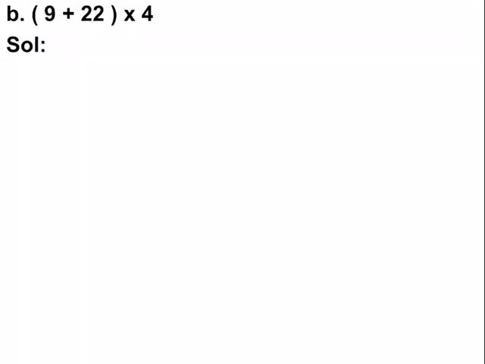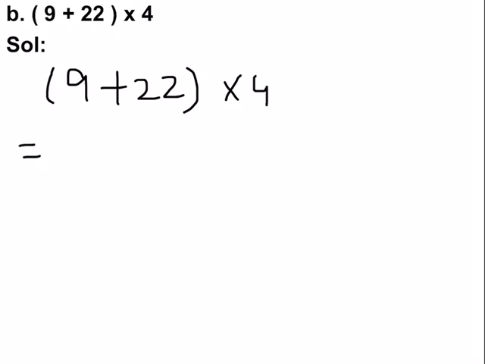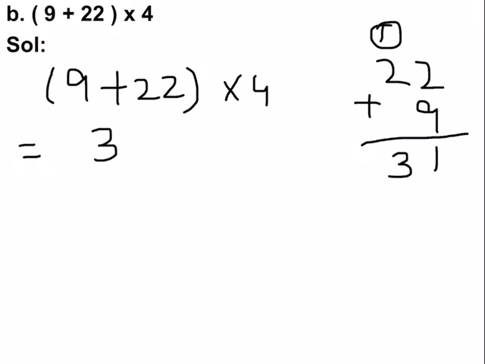Now part B, and the value of part B is round bracket 9 plus 22 bracket close multiplied by 4. First we will solve the bracket, that is 22 plus 9, 9 plus 2, 9, 10, 11. 1 carry. 1 plus 2, 3. 31 multiplied by 4.